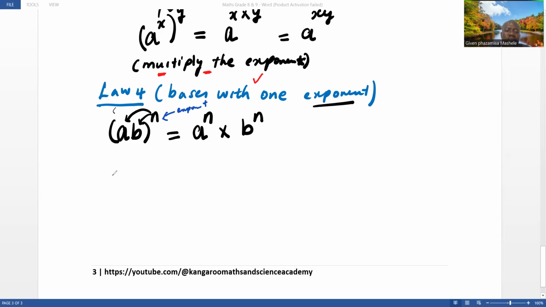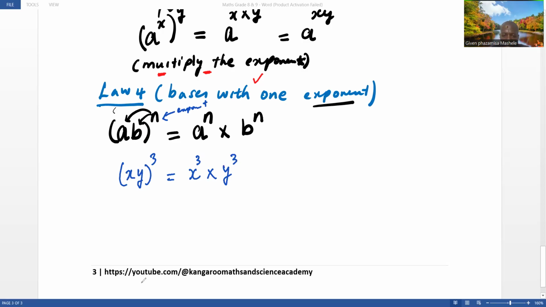It does not matter how many there are. Imagine we have (x times y) to the power of 3. According to this law, it is the same as x to the power of 3 times y to the power of 3.